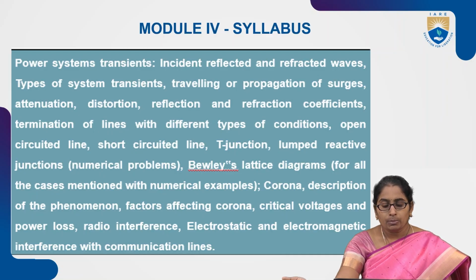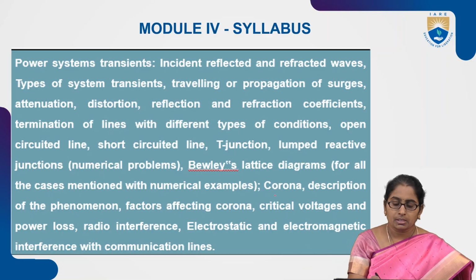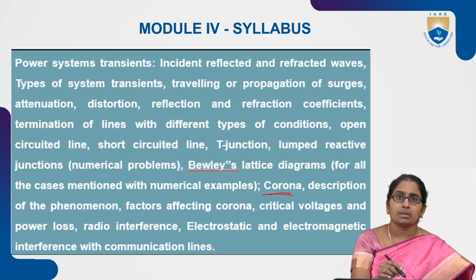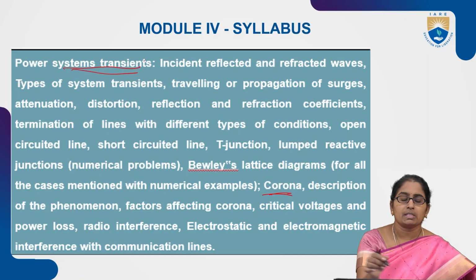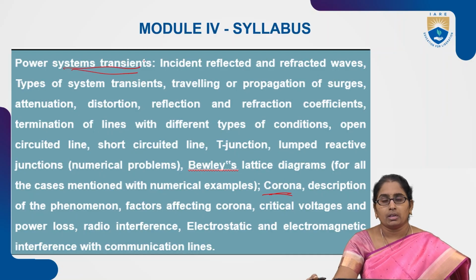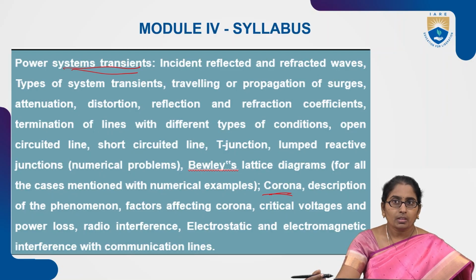Then one more concept, which is different from the power system transients. For the first part of the total module, that is corona, which takes place in transmission lines. So what is this corona?